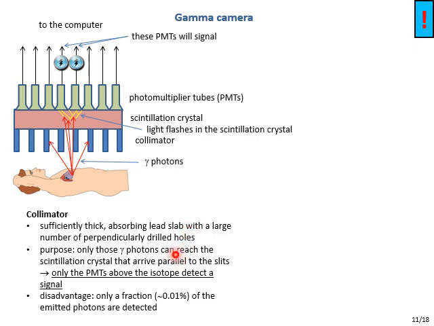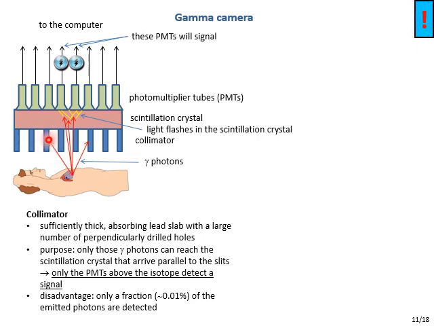holes have been drilled. These are the holes, and as you can see, the gamma photons can only go across the collimator if they are parallel to the holes. If they are not parallel to the holes, then they collide into the wall of the holes.